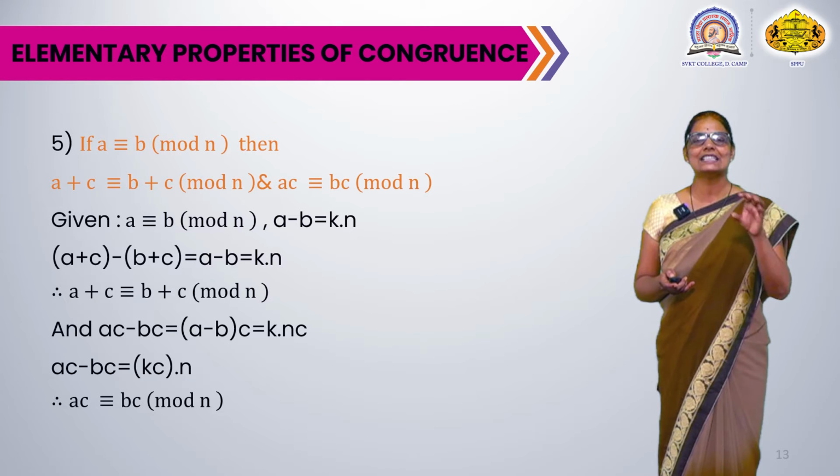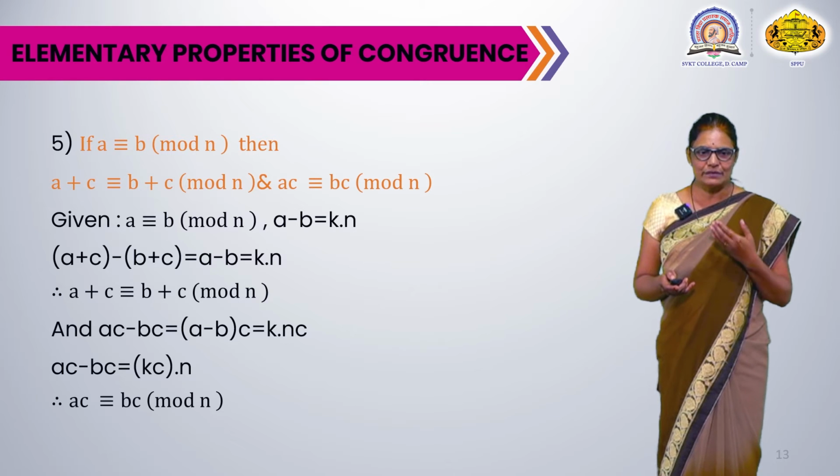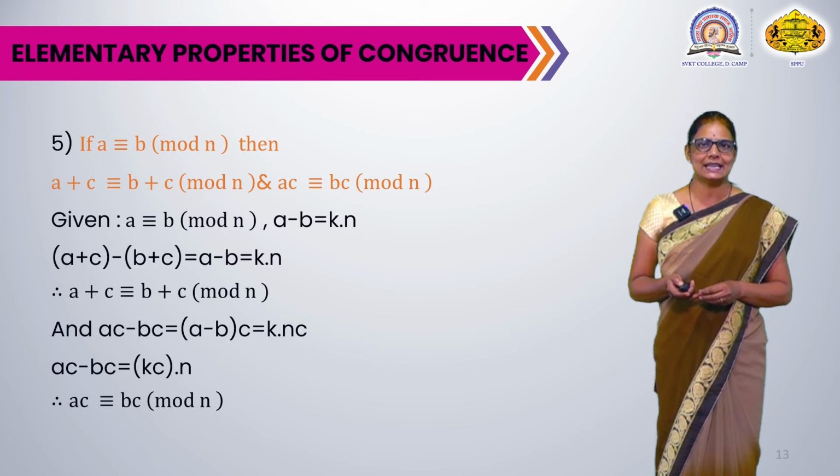This difference AC minus BC is an integral multiple of N, and that's why by definition AC is congruent to BC modulo N.